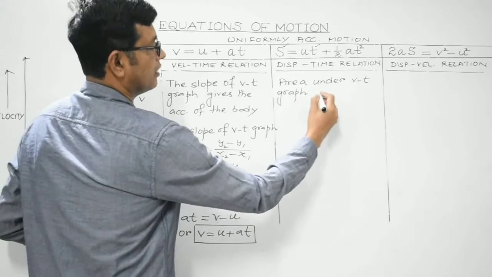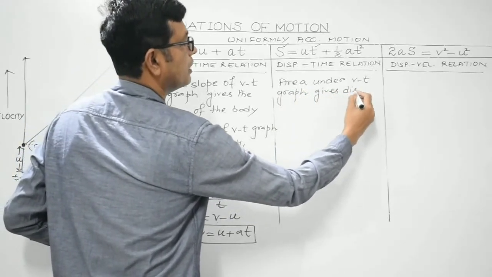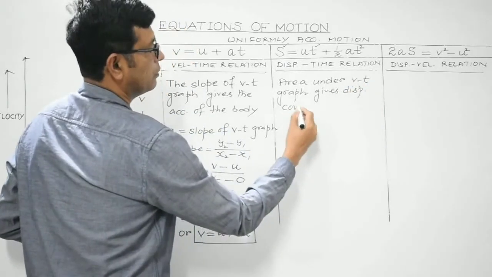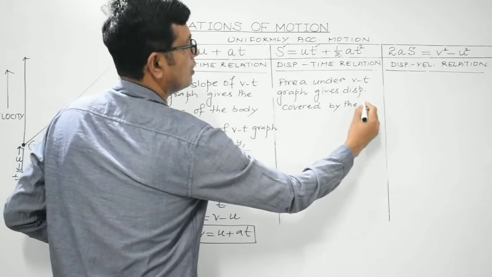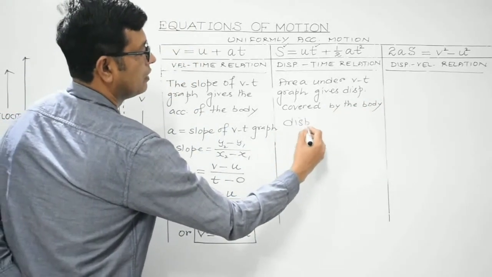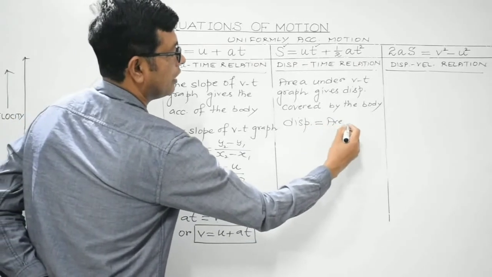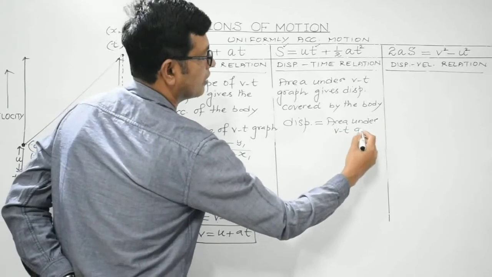The area under the VT graph will give the displacement covered by the body. So displacement is equal to the area under the VT graph.